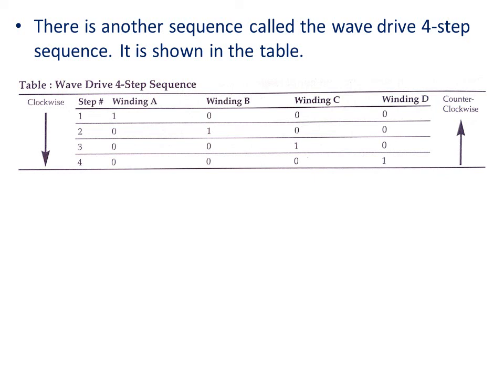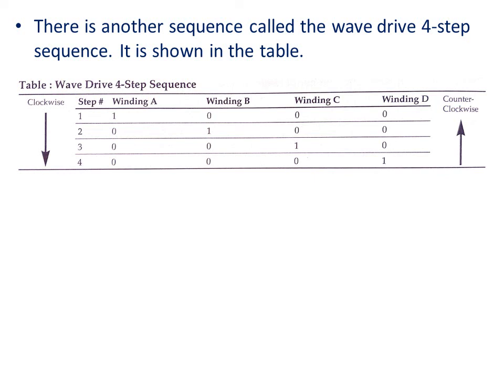Here, to produce the first step, winding A should be loaded with the value 1, and windings B, C and D with zeros. To generate the second step, winding A with value 0, B with 1, C and D again with value 0. To produce the third step, the sequence is 0, 0, 1, 0 for windings A, B, C and D respectively.